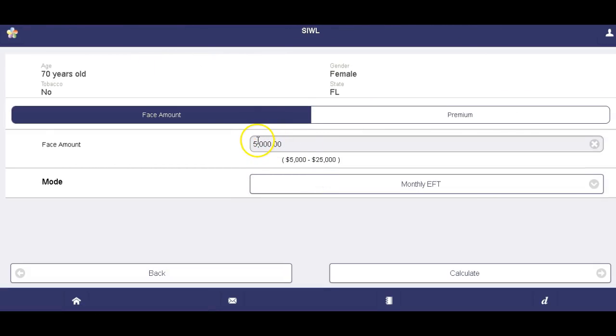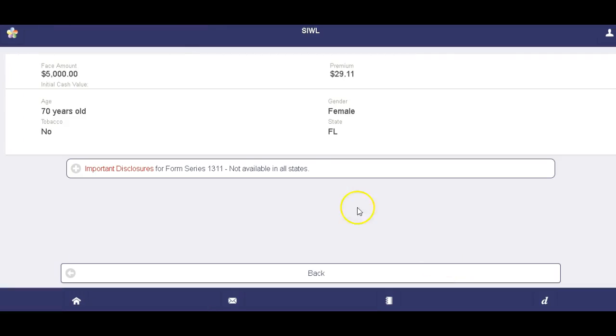So let's say we're looking at 5,000, and with monthly EFT, calculate tells you $50.29 per month. Okay, real simple calculator. So that's the calculator.